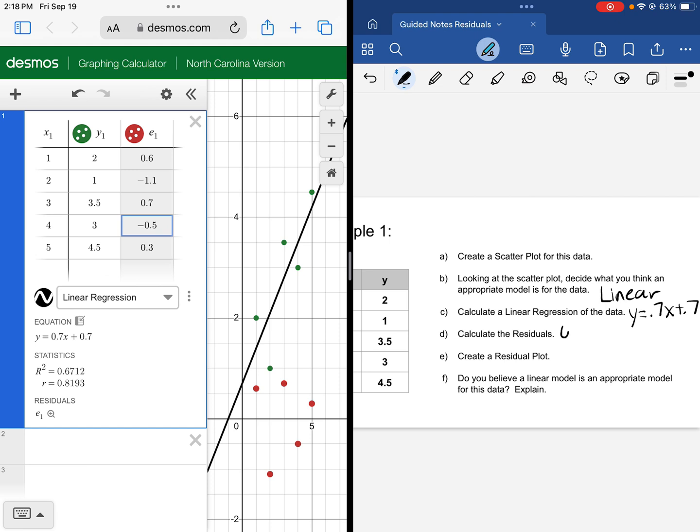So we've got 0.6, negative 1.1, 0.7, negative 0.5, and 0.3.